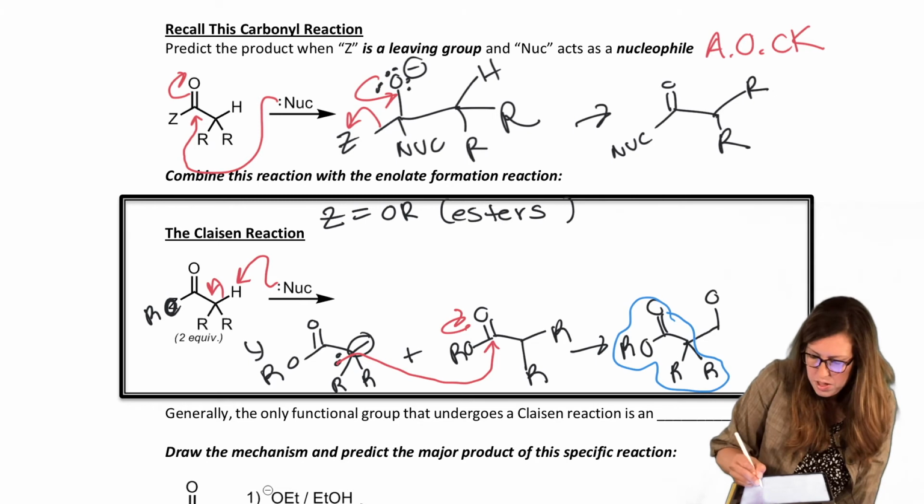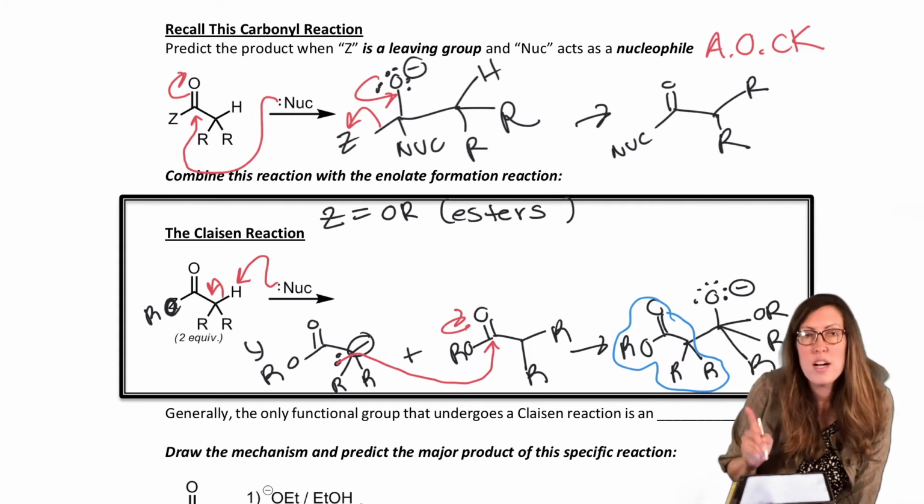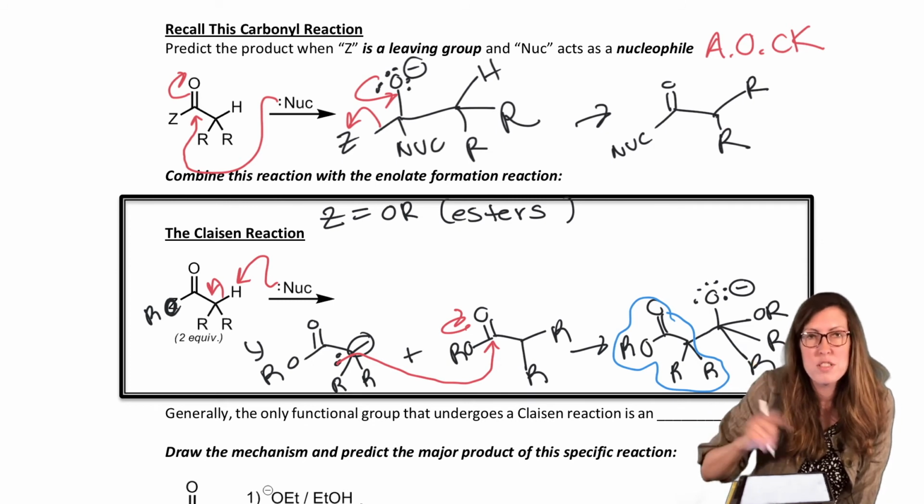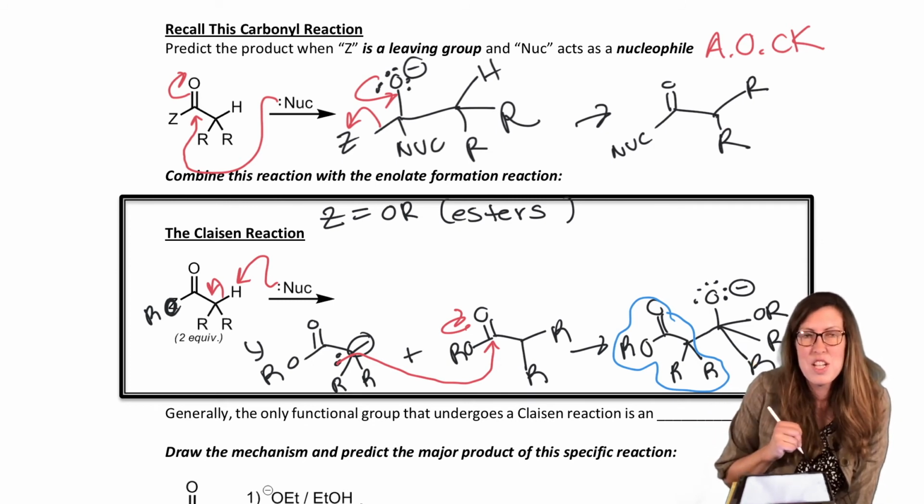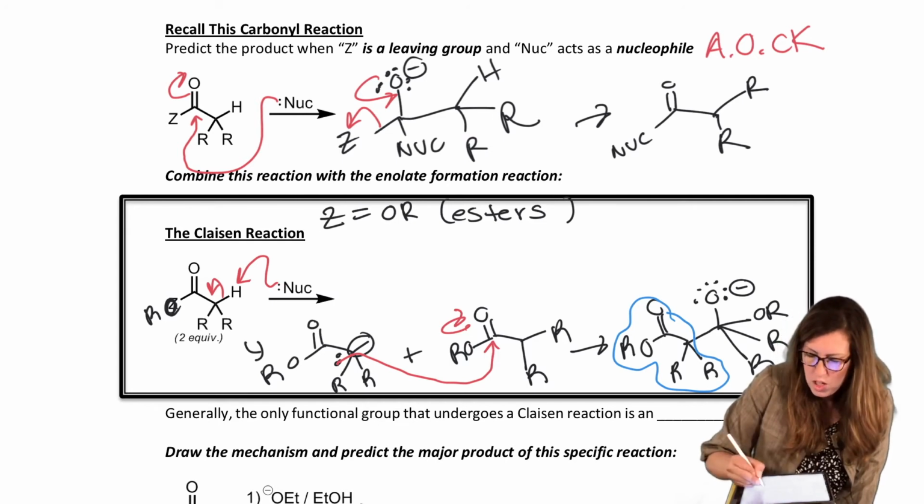Carbonyl carbon that opened. That carbonyl carbon also had an OR and 2 R groups. Now here's where the mechanism diverges from the aldol. No protonate. Instead, it's close, kick.